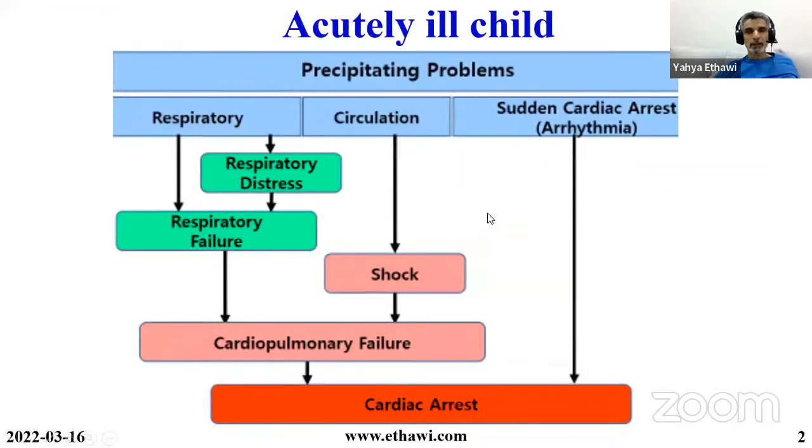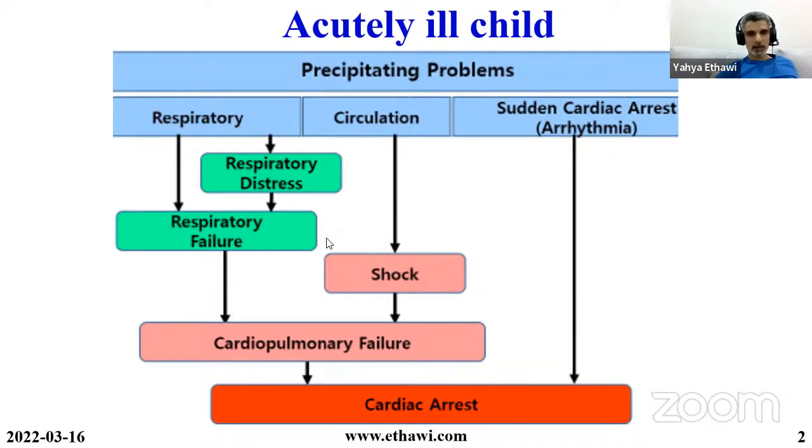Okay, so what is an acutely ill child? An acutely ill child is one who has a problem or has a cardiac arrest. This cardiac arrest can start with a problem, usually either respiratory or cardiac.